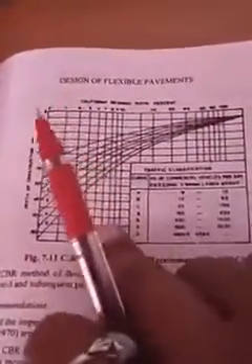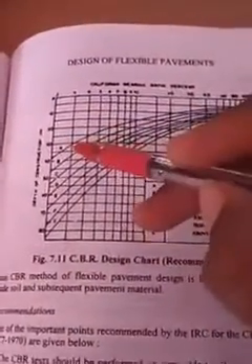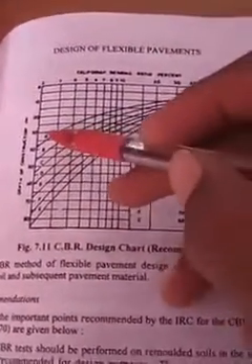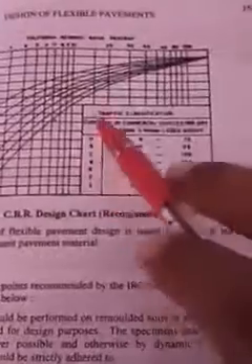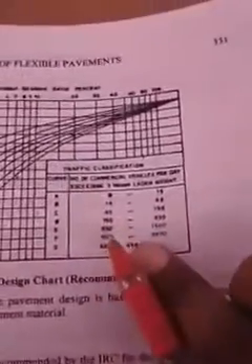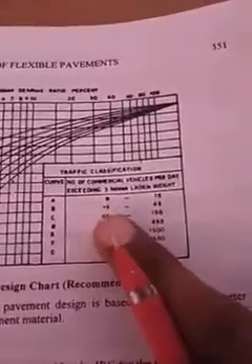The number of curves has been increased and these curves are given different alphabets, A, B, C, D, E, F, G. These alphabets indicate the number of commercial vehicles per day exceeding 3 tons.